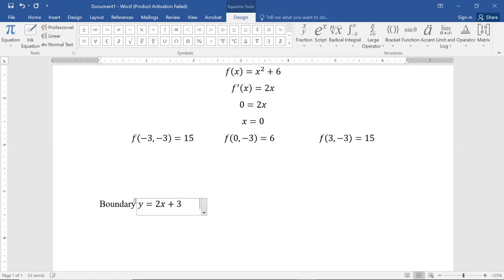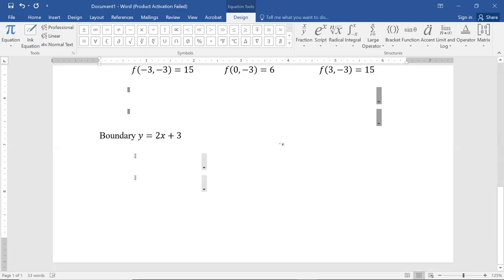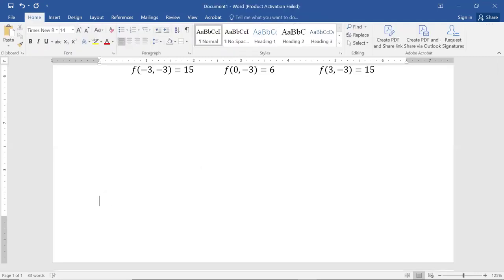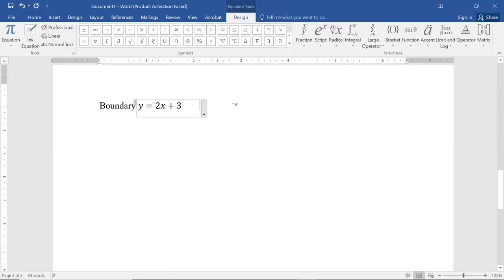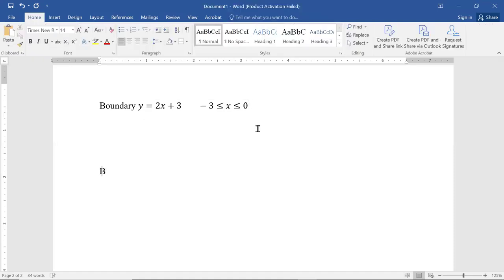And this was the boundary where x went from -3 up to 0. Hopefully that makes sense. And then we'll do the same thing for another boundary.